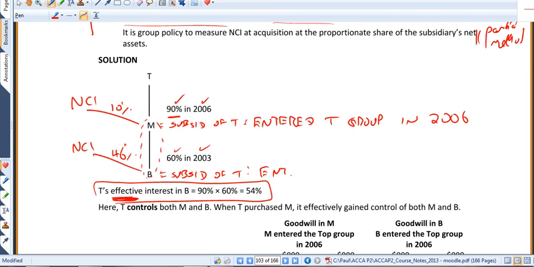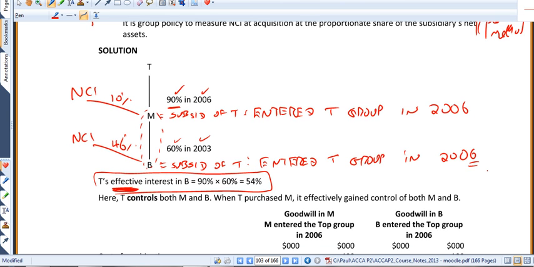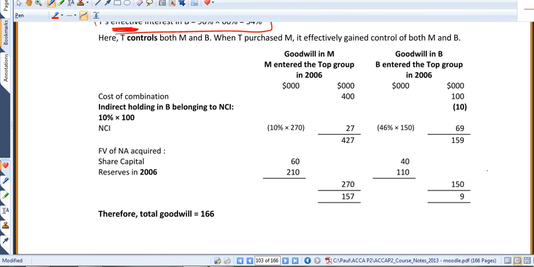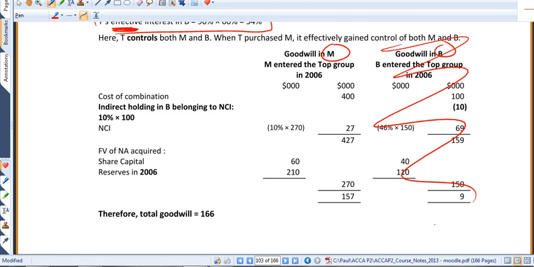So if I was to ask, when did bottom enter the T group? Well, hopefully you can see that bottom also entered the T group in 2006. Not 2003, but 2006. So we can do our goodwill calculations for both of our subsidiaries in middle and bottom. Let's deal with middle first of all on the left here. Let's just make sure we're happy with these figures.